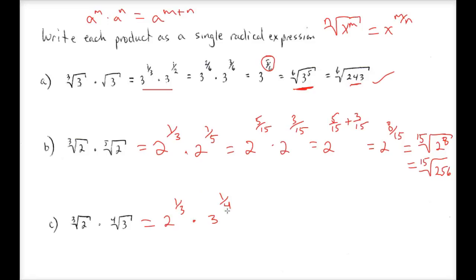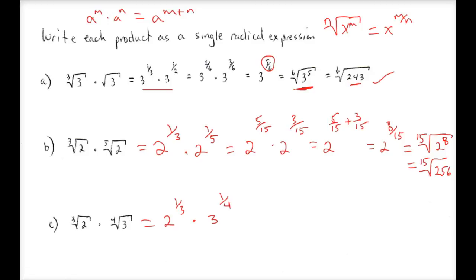Okay, and so for this one here, we see that the indices and the radicands are different. So really not much we can do with that one. So we would probably just have to leave it the way that it is there. Okay.